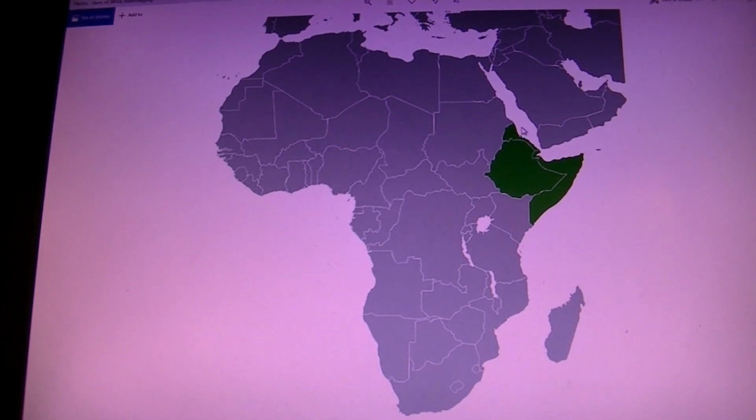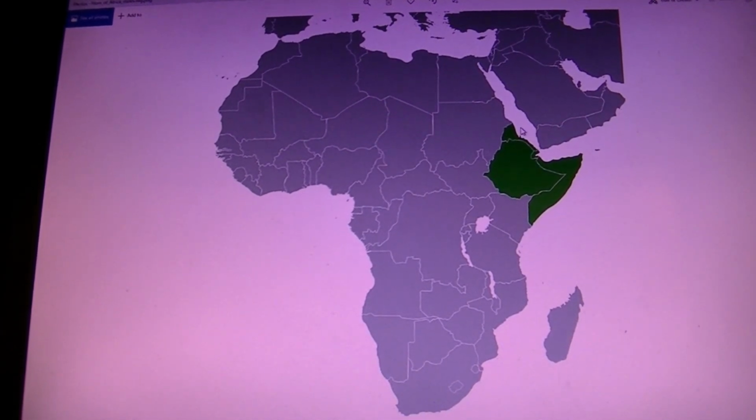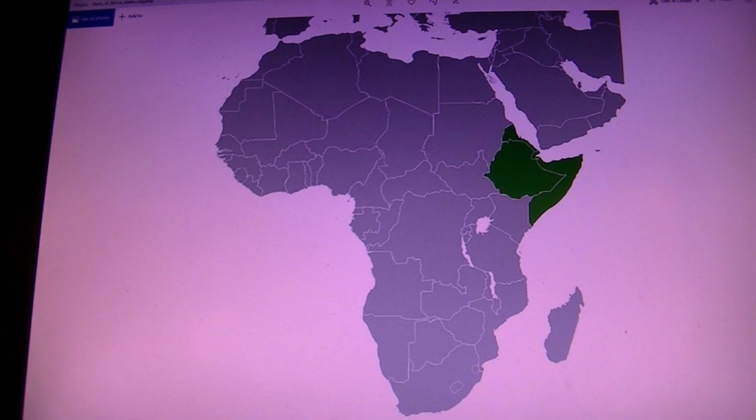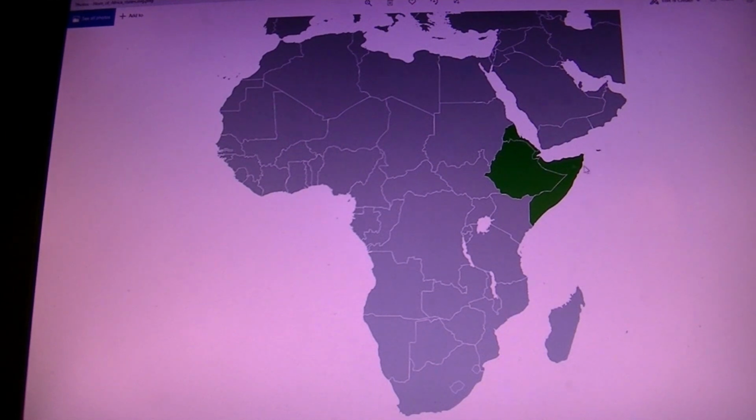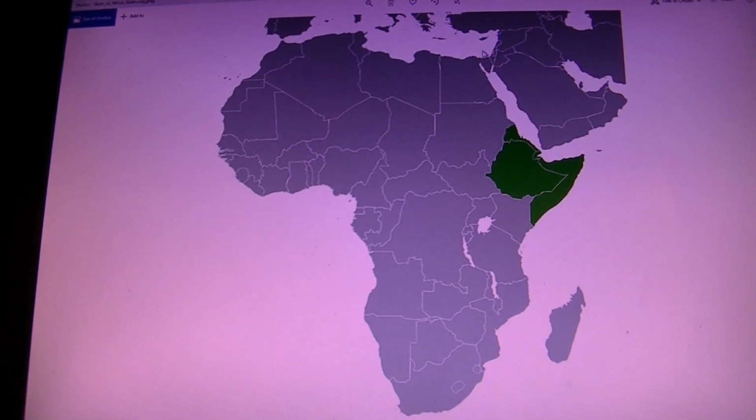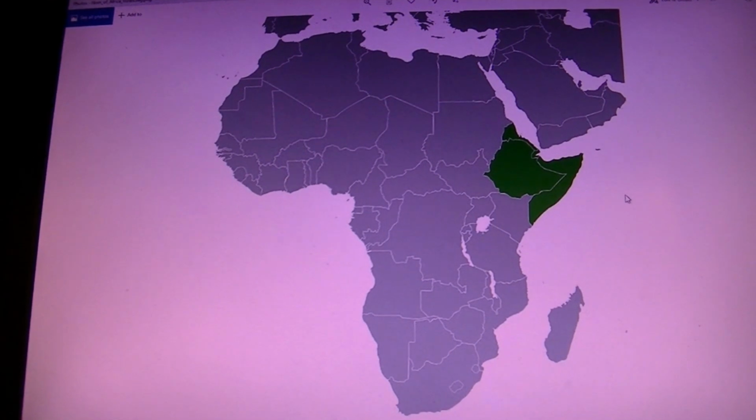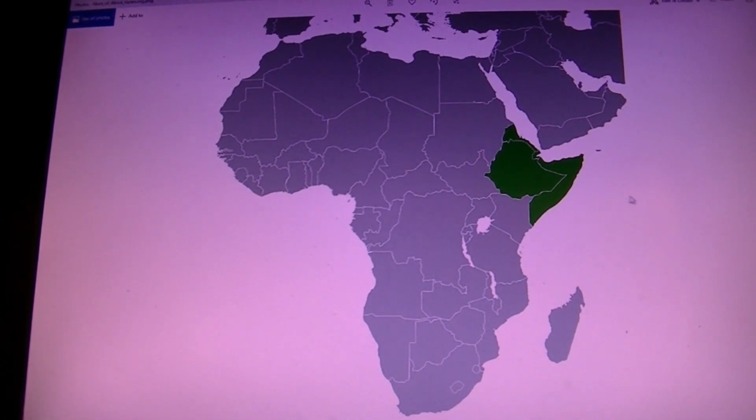Here's where the maps show the history. This is such prime territory. If this gets shut down, trade from Europe to Asia would have to go all the way around Africa. This is very important for commerce, for politics, for military, for everything.